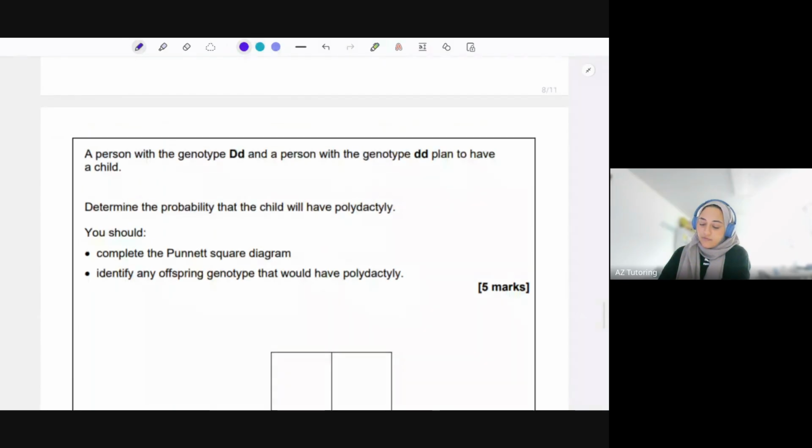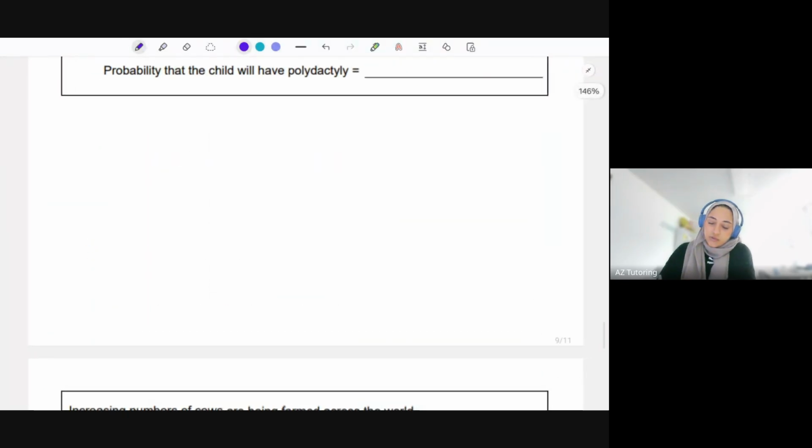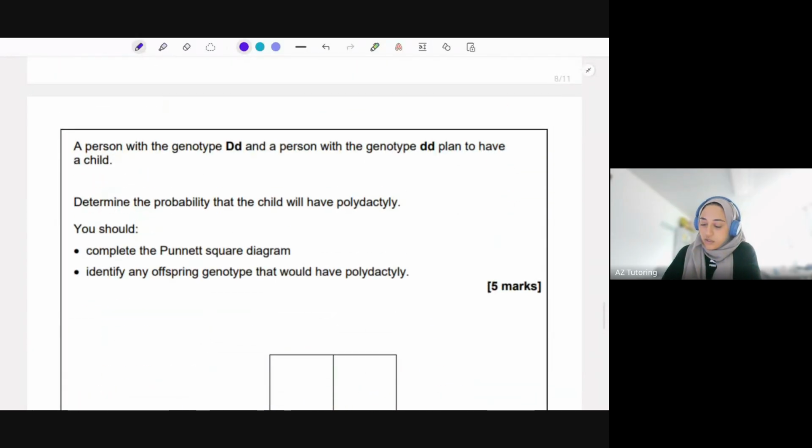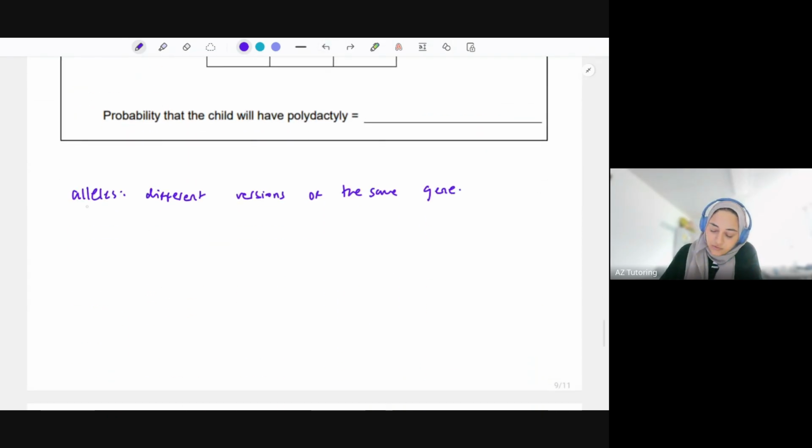Now, just before doing this question, I just want to go over what alleles are. Alleles are basically different versions of the same gene. So for example, up here, it's dominant and recessive that we've got. So 2 different alleles we could have.